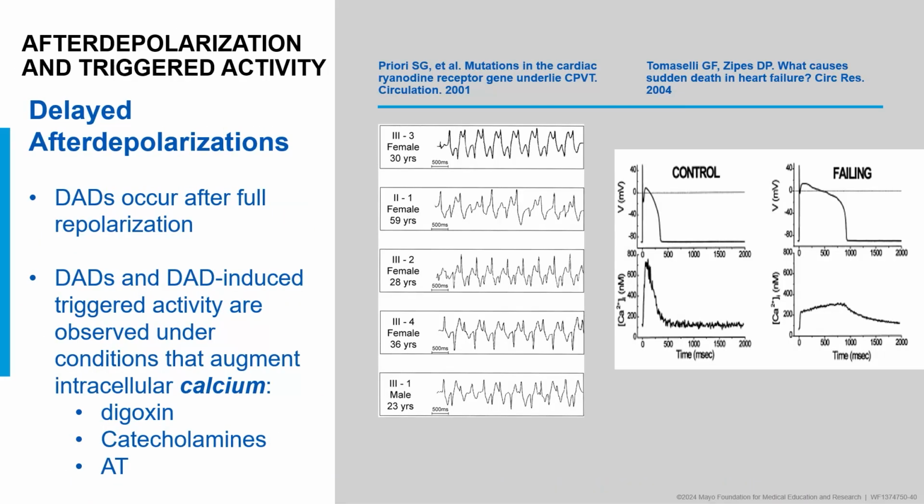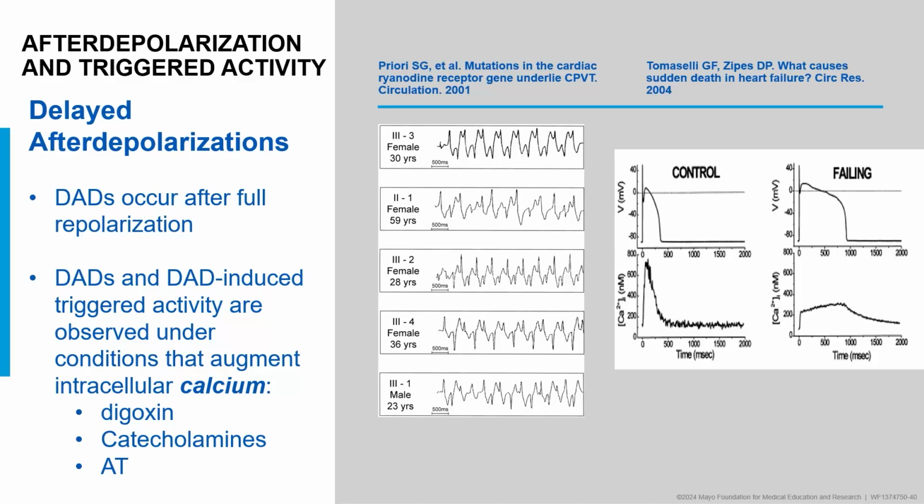So the delayed after depolarizations, those are the ones that are happening after completion of repolarization. So now we're in phase 4 again. They're triggered activity that is predominantly driven by calcium. So we think of those two main ones that are most commonly cited in papers and textbooks.